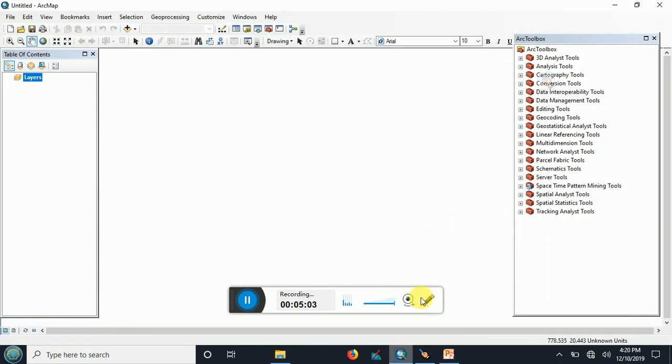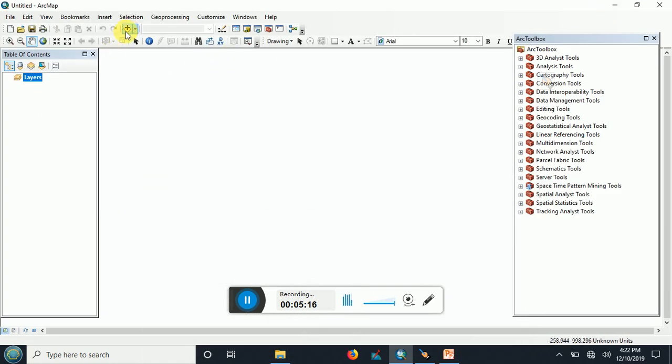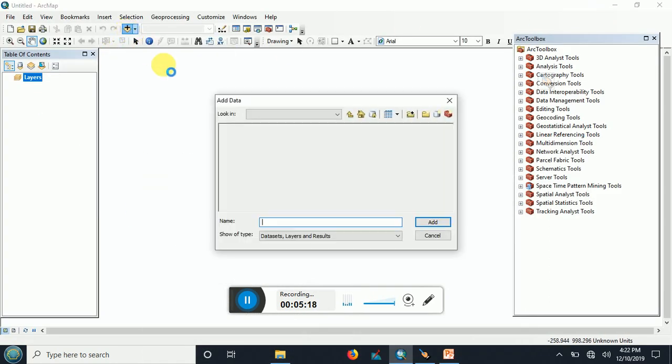Open your ArcMap. Please add all those thematic layers into your ArcMap. Add all of them.